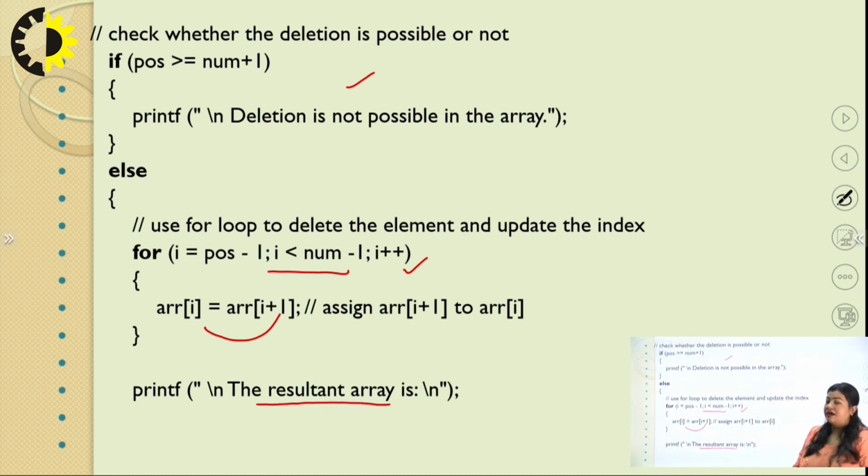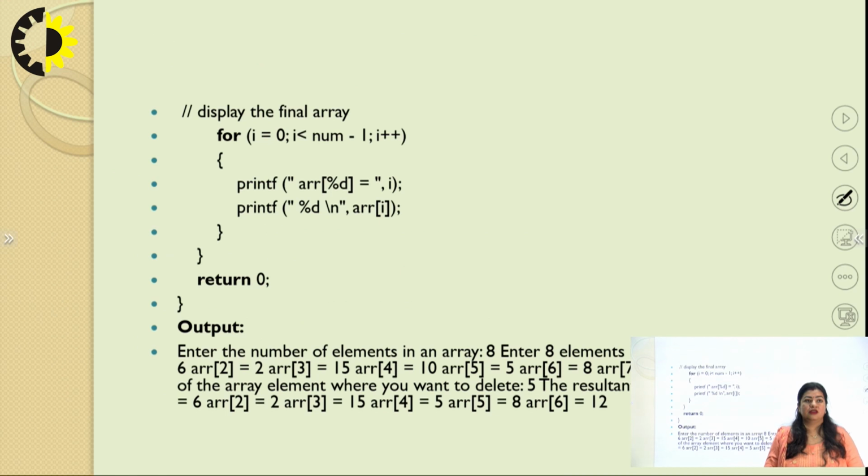And last, print the rest of the array elements. So display the final elements, apply the for loop: i equals 0, i less than number minus 1 and i plus plus. Print the value of the array with %d.